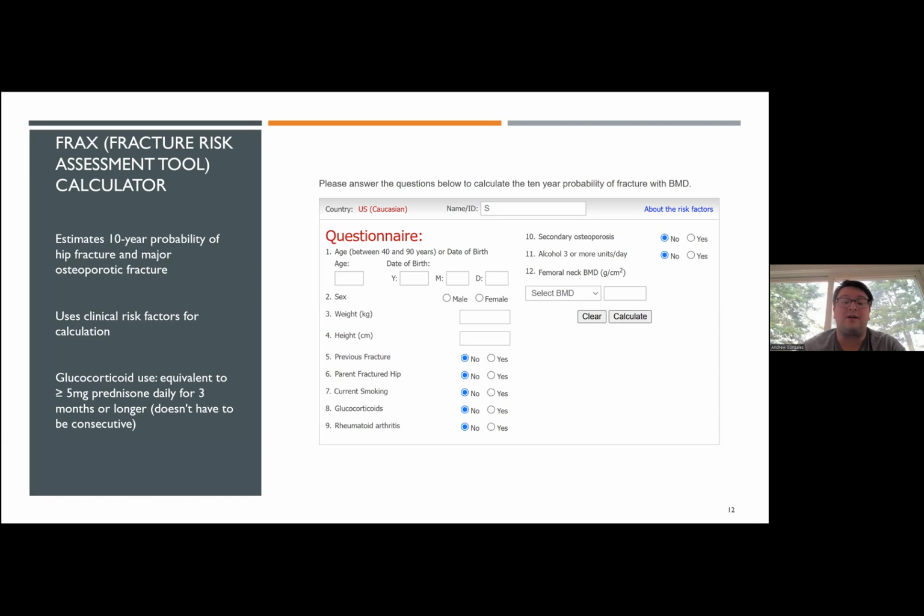It incorporates clinical risk factors for calculation, as you can see here, not only the patient's sex, age, BMI, but whether they had previous fractures, do they have a family history of fractures, are they a current smoker? Importantly, glucocorticoid use is a risk factor for osteoporosis, but specifically, they define that as greater than or equal to 5 milligrams of prednisone daily for at least 3 months or longer in the past year.